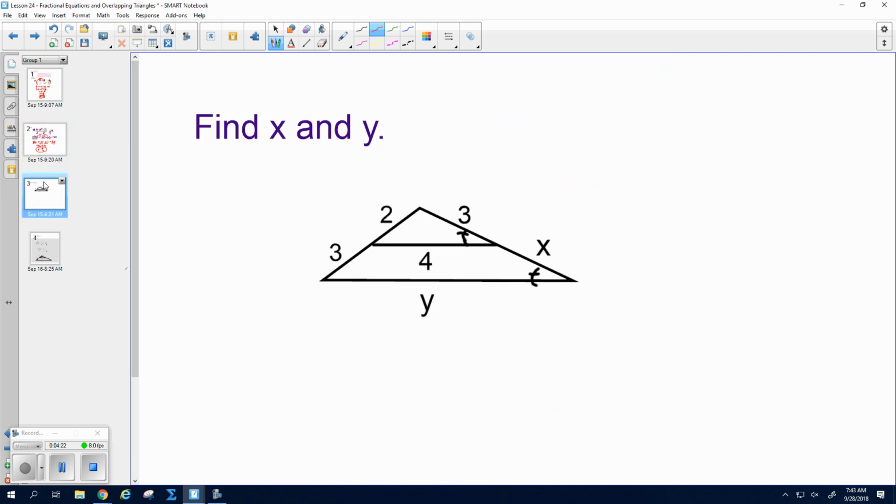All right, go ahead and draw these overlapping triangles.